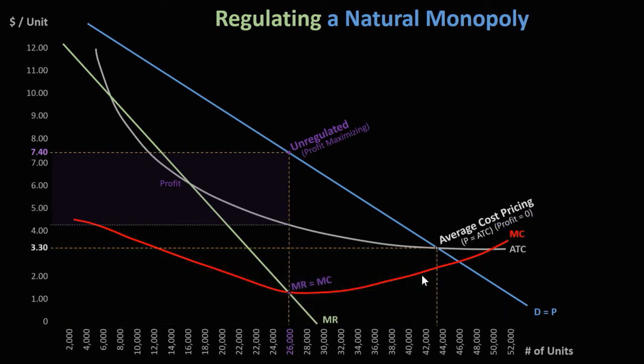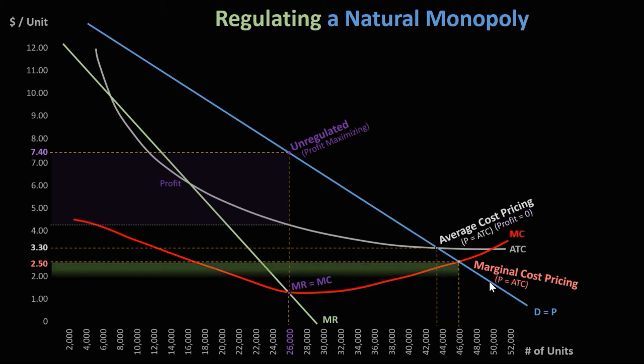There is one other form of regulation, and this is marginal cost pricing. In this case, we look to the marginal cost of producing the product, and we find the point where it intersects the demand, or price, curve. What we see here now is we produce a higher quantity, closer to 46,000, and we charge a lower price of $2.50.